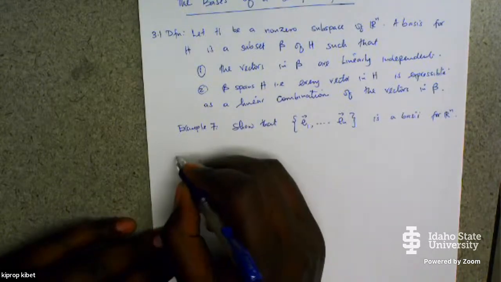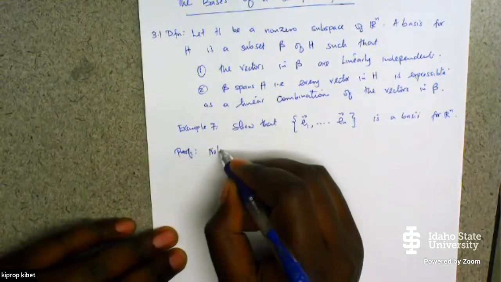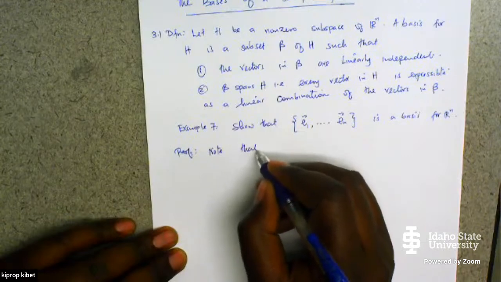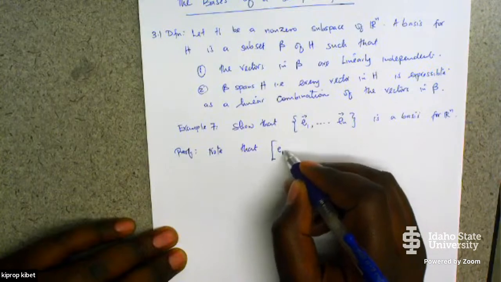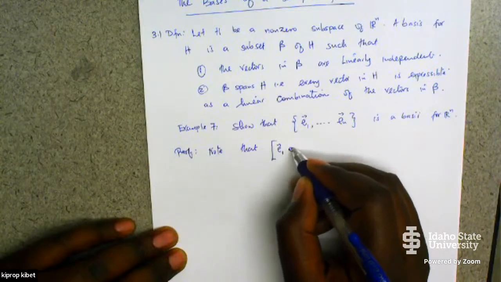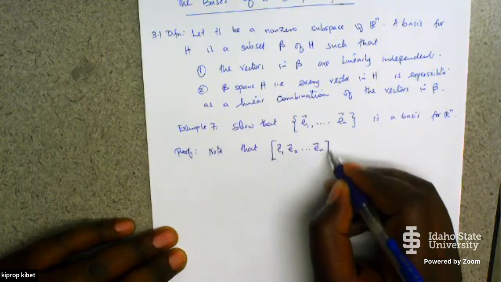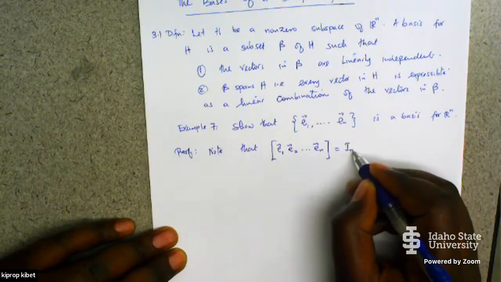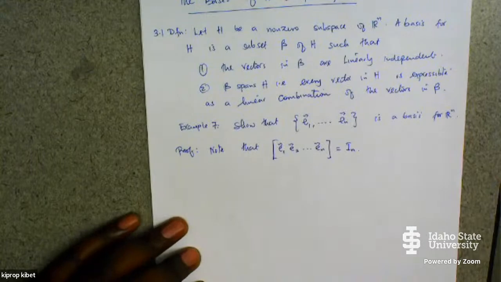So let's see the proof here. We note that when we put this in a matrix form, then e1, e2, all the way to en is actually the identity matrix.